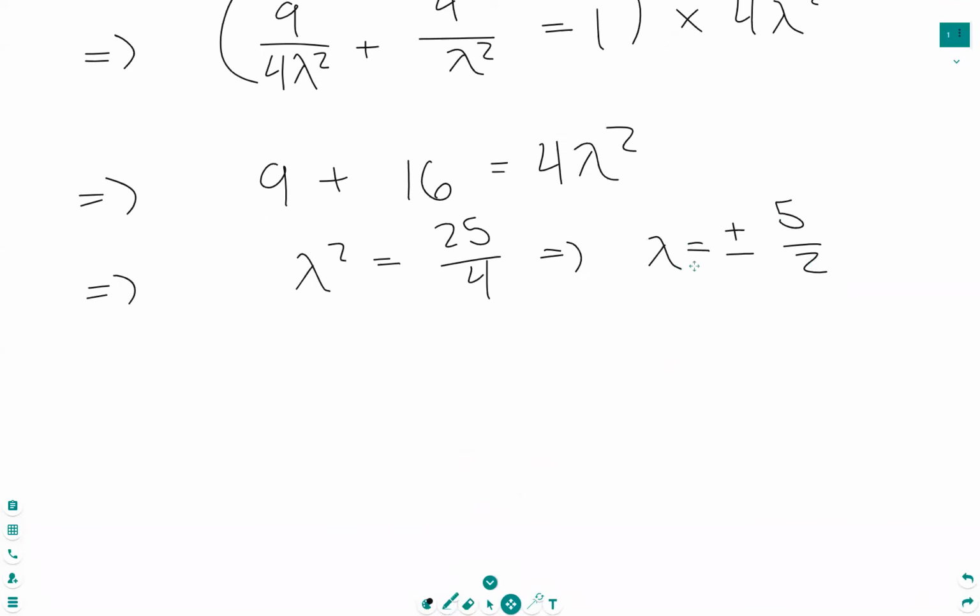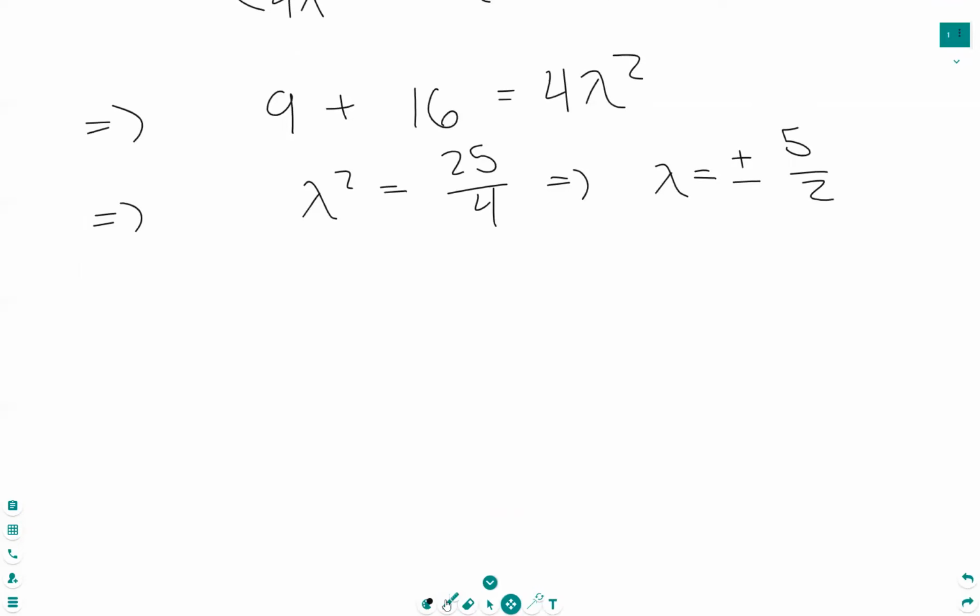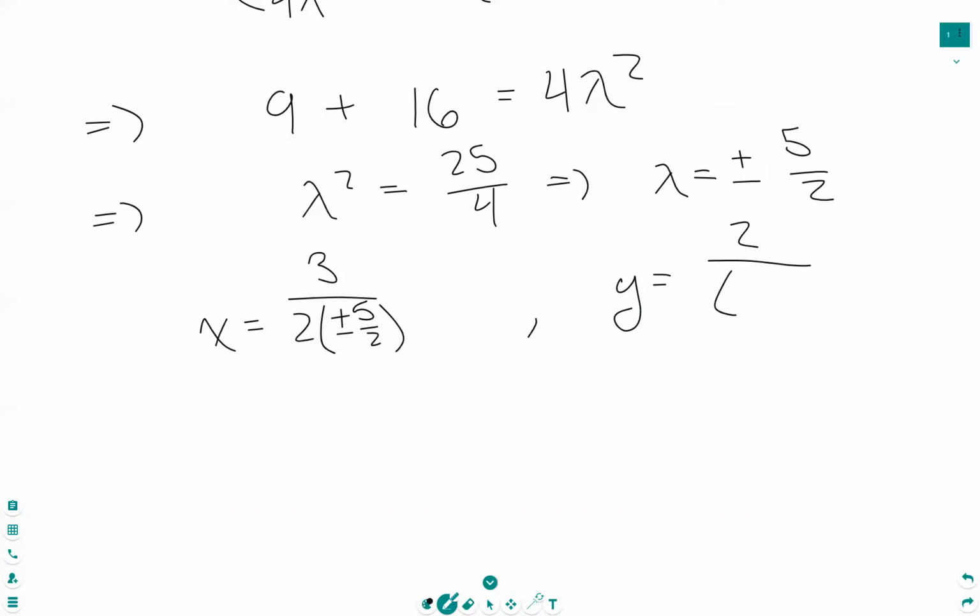Okay, so now that lambda is equal to plus or minus 5/2, I can look back at my x and y expressions. So I have x is equal to 3 over 2 times plus or minus 5/2. And I have that y is equal to 2 over plus or minus 5/2.